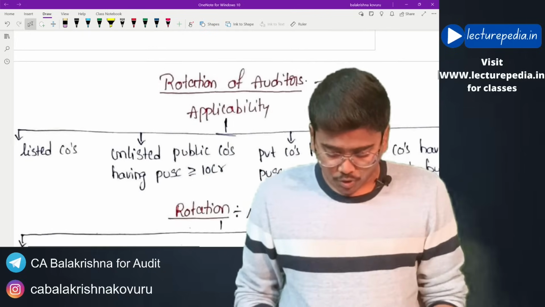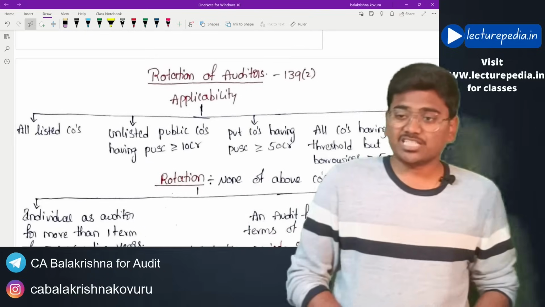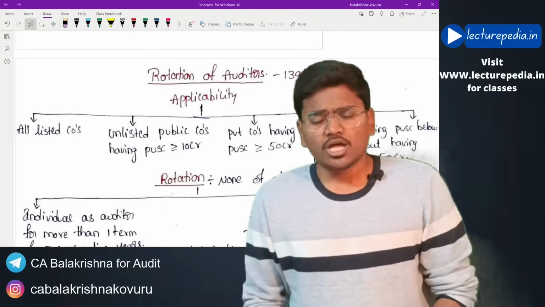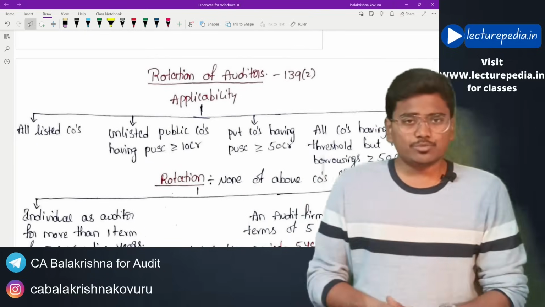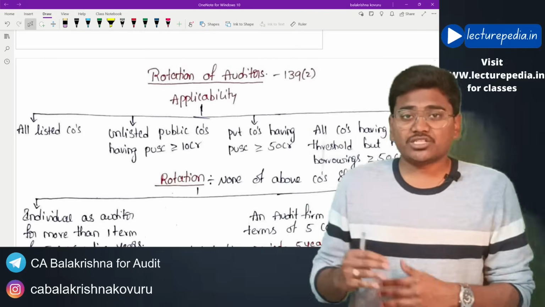Next, rotation of the auditors. There is this concept of rotation as per section number 139 subsection 2, which is applicable only to certain types of companies. Now, to whom is this concept of rotation applicable?